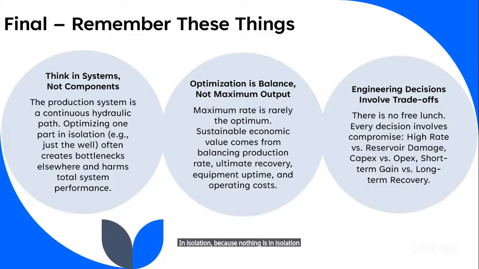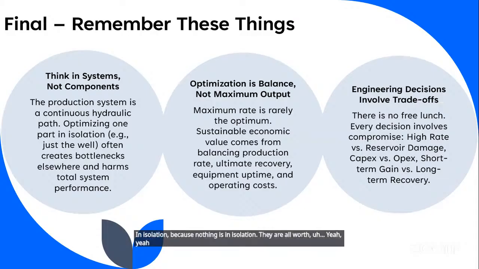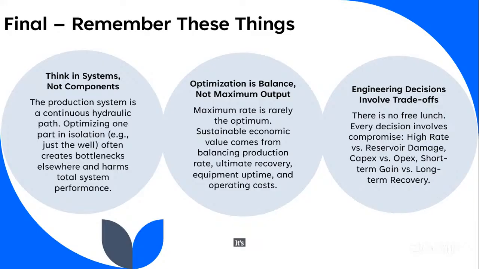They are all interdependent production systems, from one to the other. Optimization is balance. We're not looking at maximum output of a particular system. So you're not going to tell me that, oh, this system is giving me maximum production, let me focus on it. No, it's a balance, not maximum output.